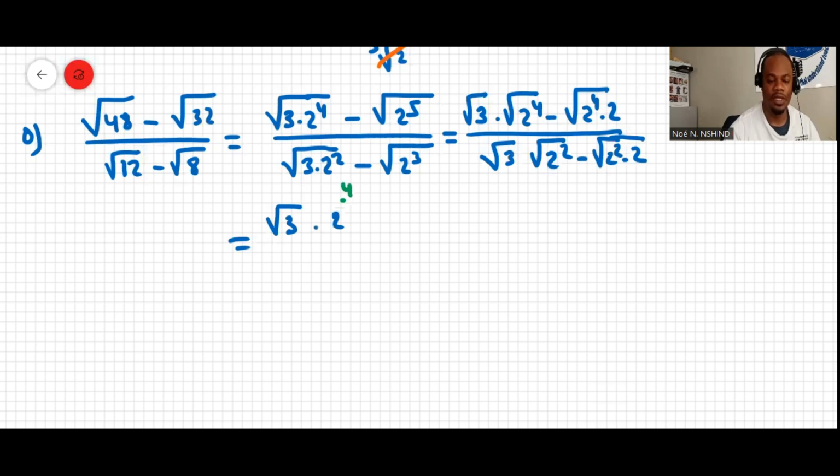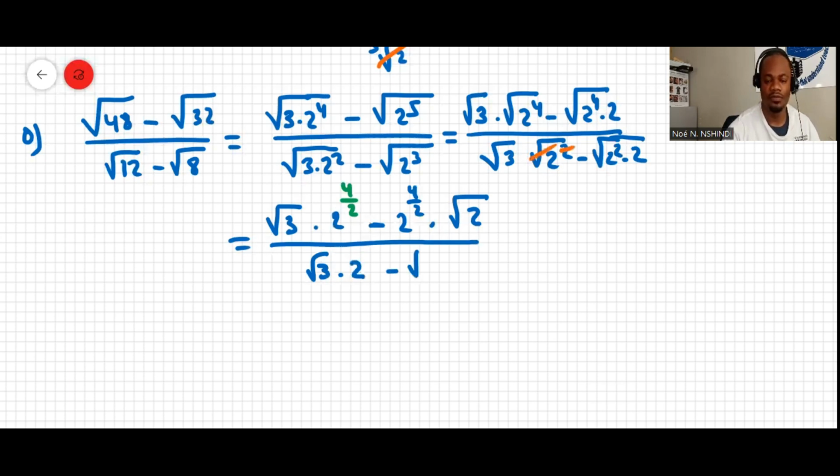Minus, that also makes 2 to the power of 4 over 2 times root 2, all over square root of 3 multiplied by 2. Over here, we simplify the exponents. And then also minus square root of, that makes what? 2 multiplied by square root of 2.